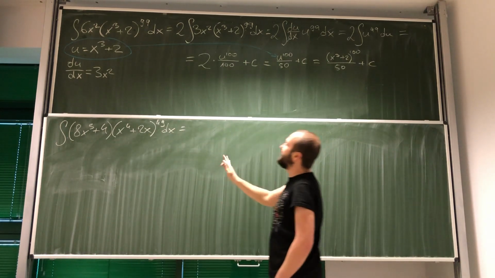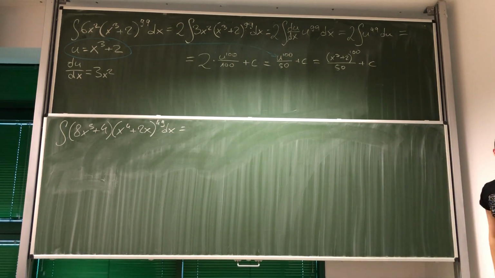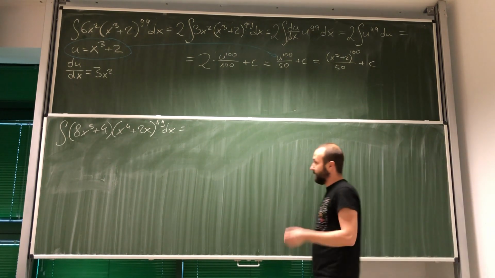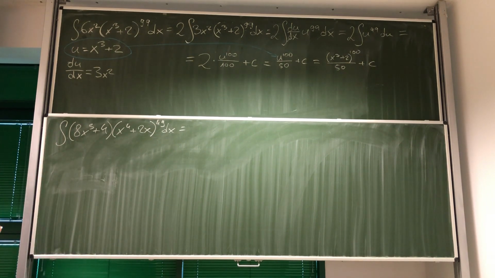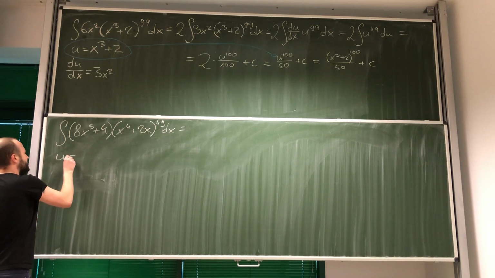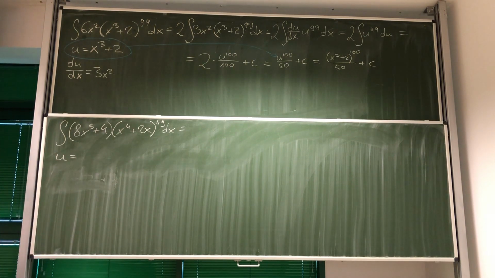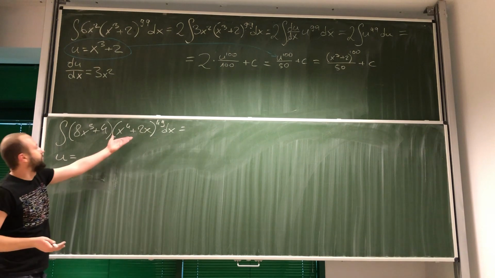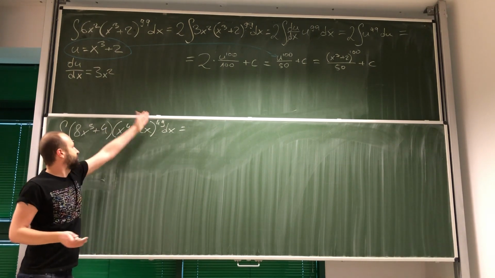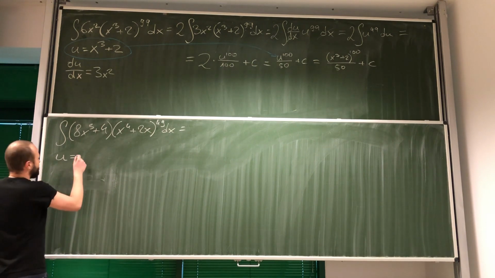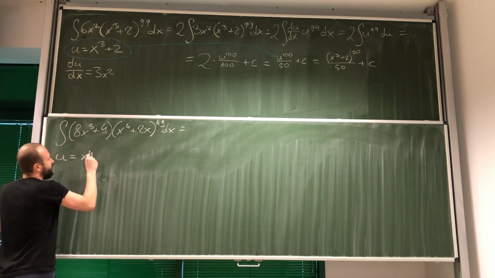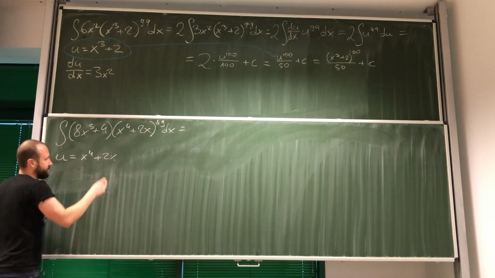Okay, again we see that straight multiplication is no way to go, too much to multiply. So we definitely need to introduce our auxiliary variable u. Okay, so what should be our u now? Well, clearly, this is the expression with the power of 49 with which we would have the most issues. So, x to the power of 4 plus 2x.